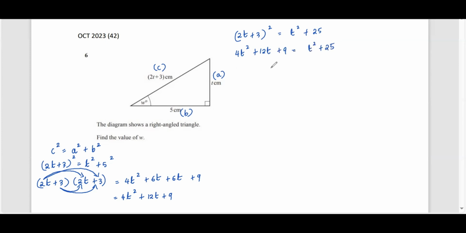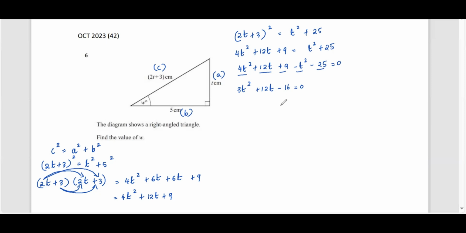Bring all the terms to one side. So 4t square plus 12t plus 9 minus t square minus 25 is equal to 0. 4t square minus t square will give me 3t square plus 12t. 9 minus 25 is minus 16, is equal to 0.